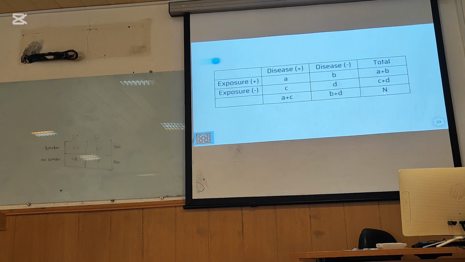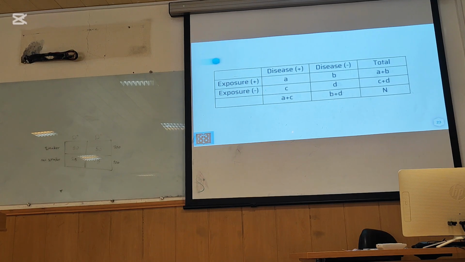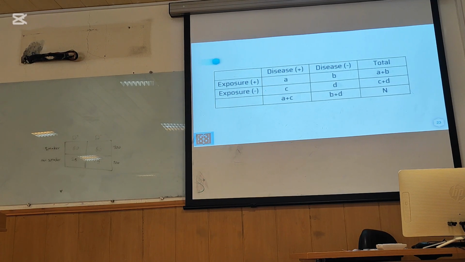Yes? In case control, what are the steps of case control? Based on this 2x2 table, we're looking for cases and controls. Yes. The starting point is selecting cases and controls.